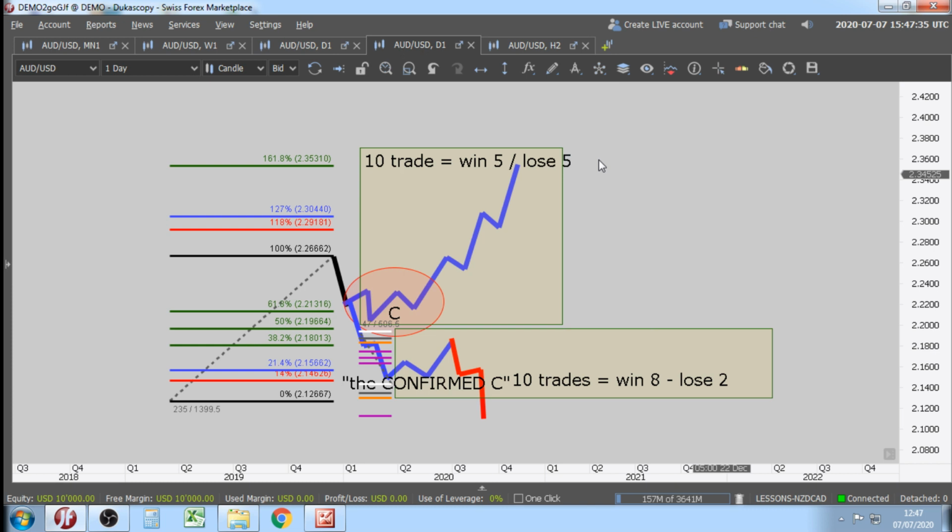Okay, everybody, this is about the probabilities, and you can study these things. There are a lot of books and texts about the Fibonacci sequence, if you want to study further or deeper. Here, 50%: if you enter 10 trades, you are going to win 5 and lose 5. Why is that? You are entering 50% probability trades. And if you put 10 trades here, you are going to win 8 and lose 2, because those are 80% probability trades.